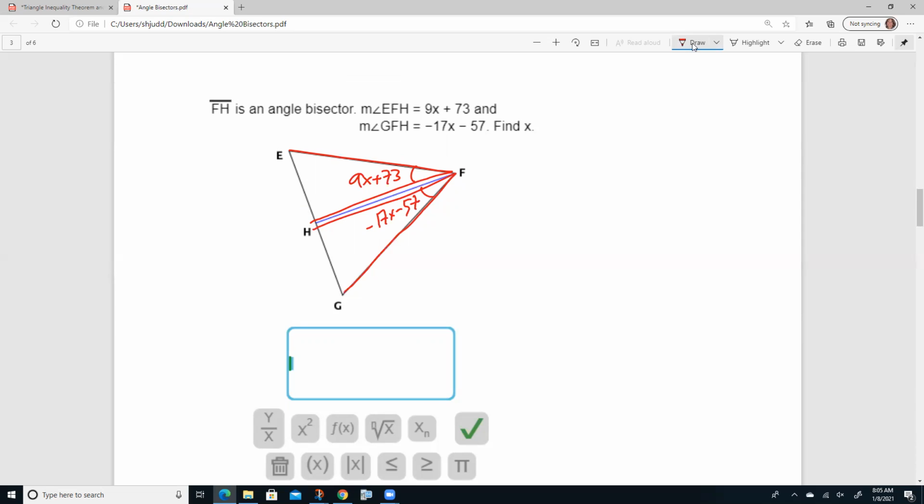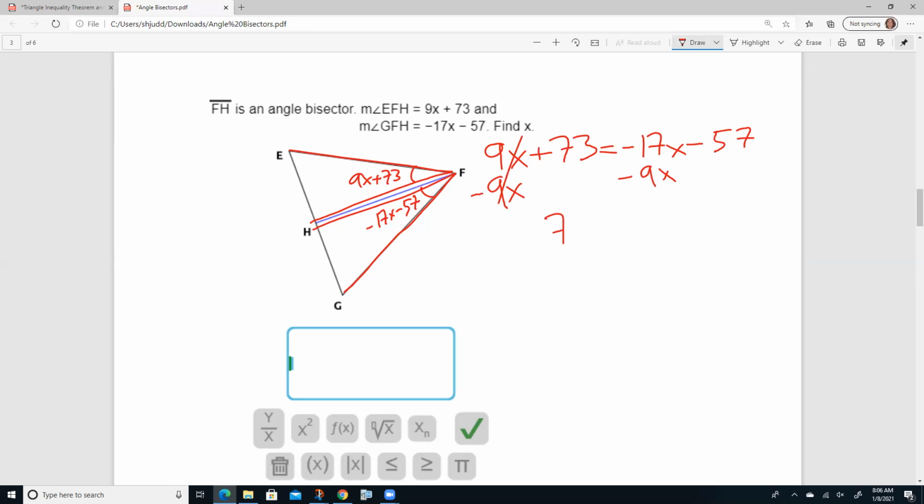Now, do I know that these two angles are congruent? Yes, because there was an angle bisector and the two halves equal each other. So 9x plus 73 equals negative 17x minus 57. Let's go ahead and solve. I'll minus 9x from each side.